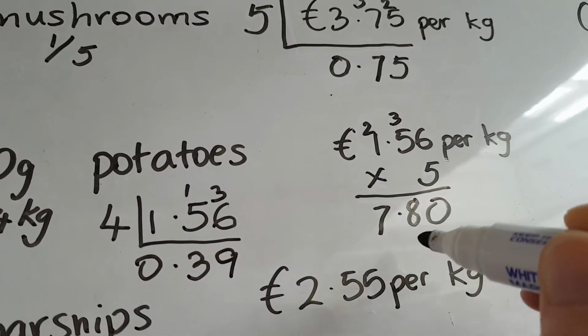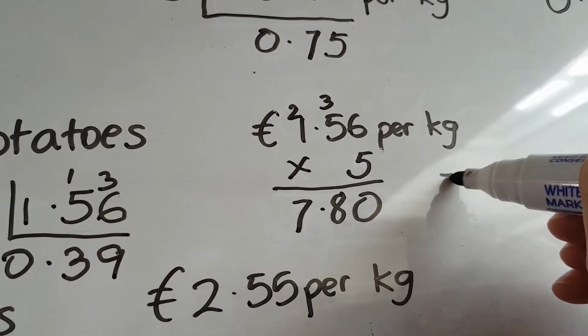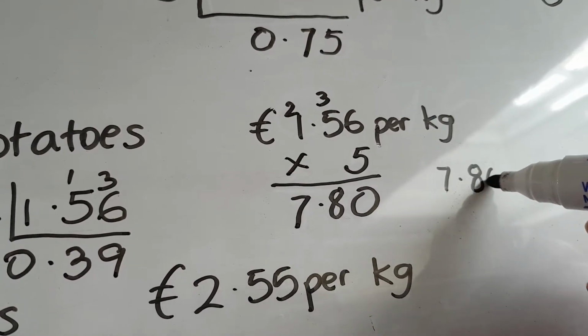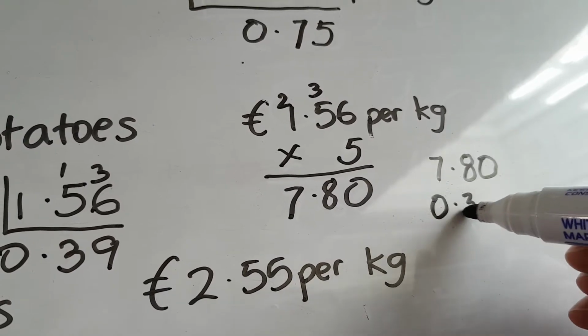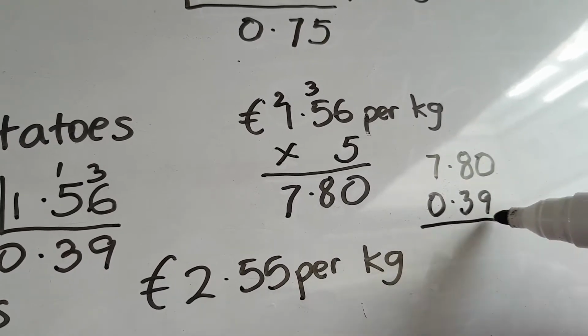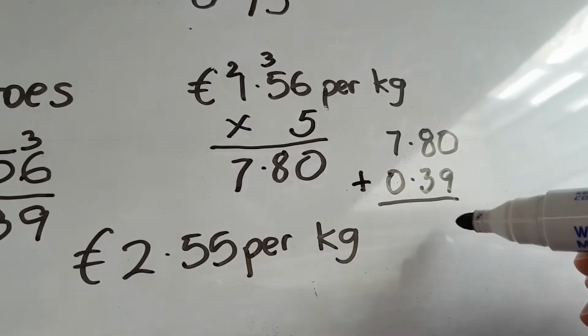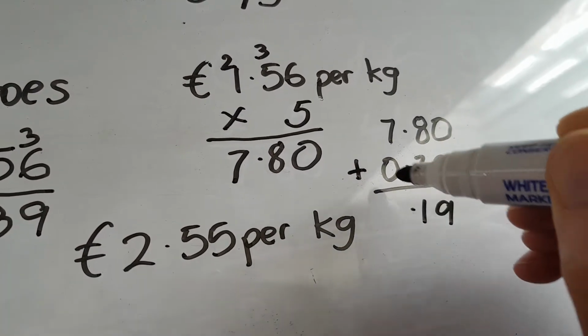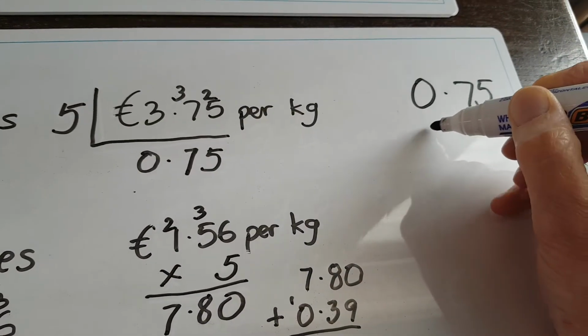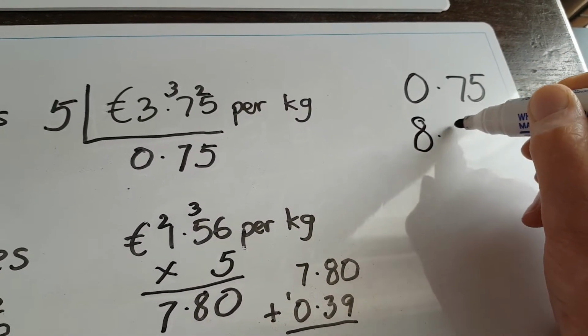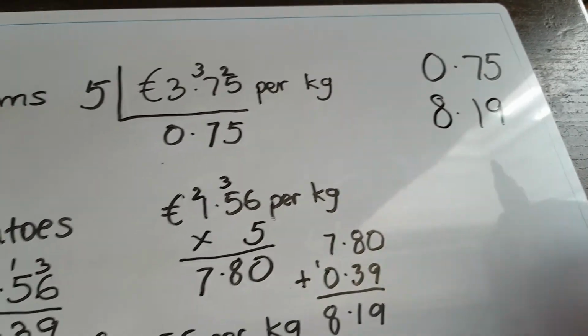So the 7.80 and 39 cents, there's my 5 kilograms price. This is my 1/4 kilogram. So together for the potatoes, 9, 11, 8. So she's spending €8 and 19 cents on the potatoes.